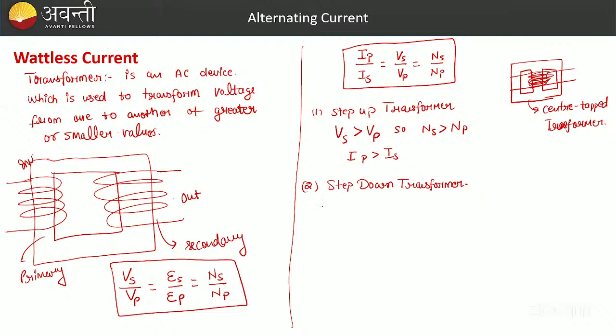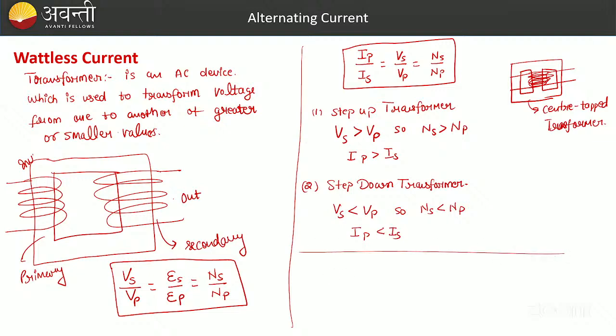For that, we know if it is decreasing the value, which means the voltage that we get at the secondary will be less than the voltage across primary. So number of turns of winding of secondary will be less than the number of turns of primary, and so on. IP will be less than IS. Got it? So these are the specifications.